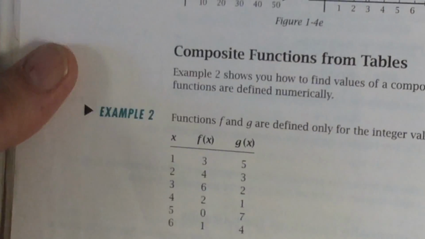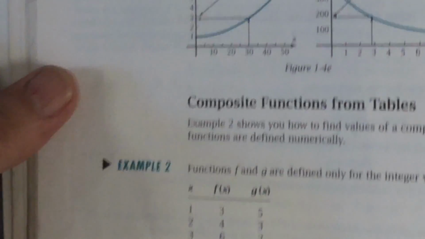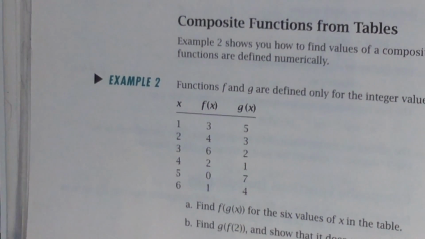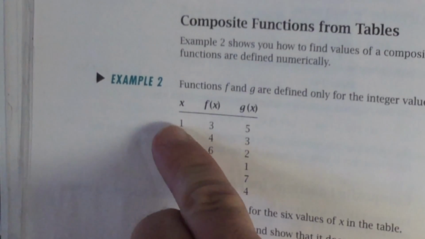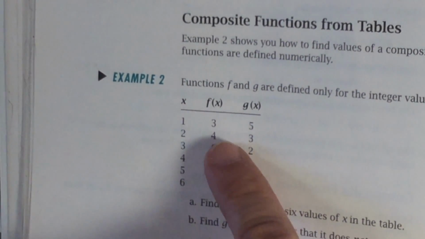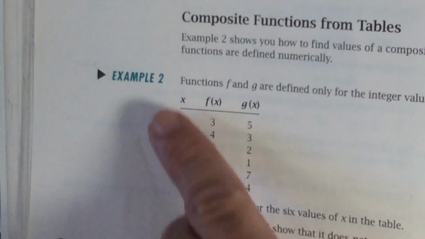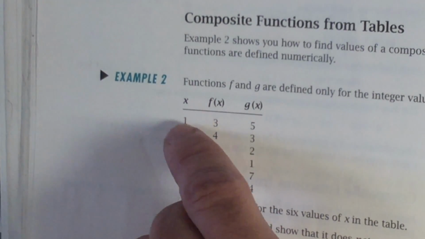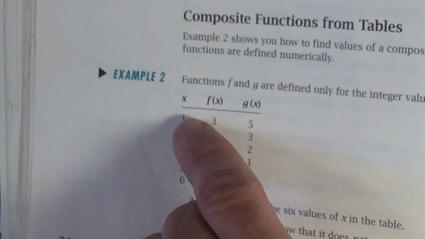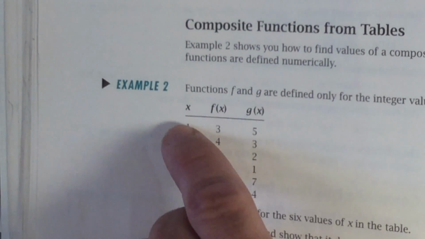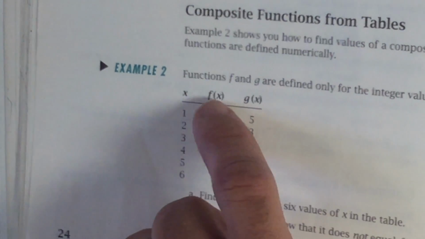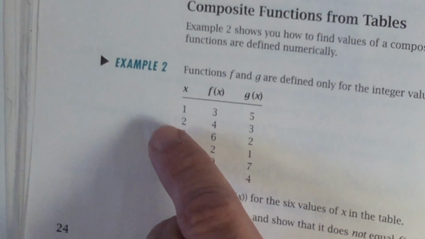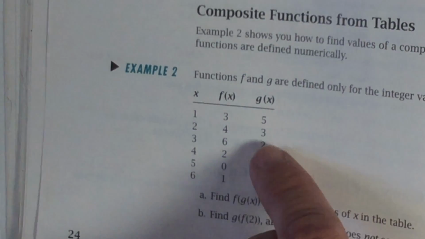One thing about composite functions, when you're graphing them, if you're doing it from a table of values, if I'm looking for f of 1, that would be 3. G of 1 would be 5, but g of f of 1 would be from here to here to here.